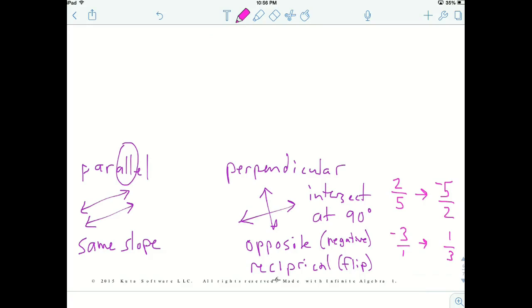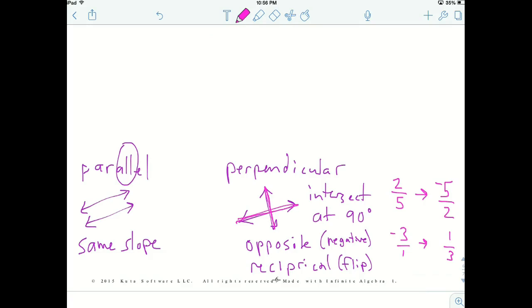If you're wondering why that works, think about a line that is going down very steeply, like this one here. This is a downward line and is very steeply down, so you would want to intersect at 90 degrees by having a very gradual line that is going up. Whenever you have a line that is going down, it will always cross at 90 degrees with a line that is going up.